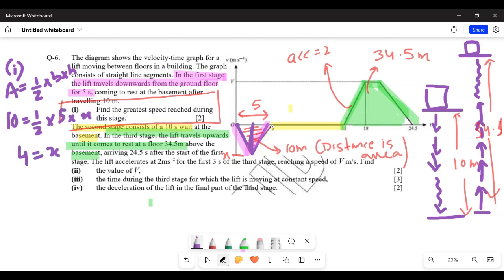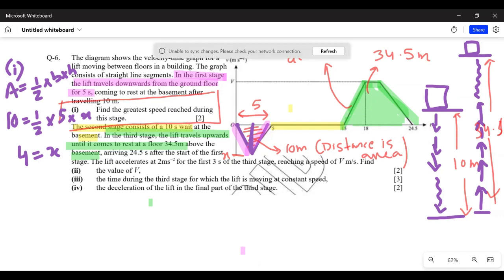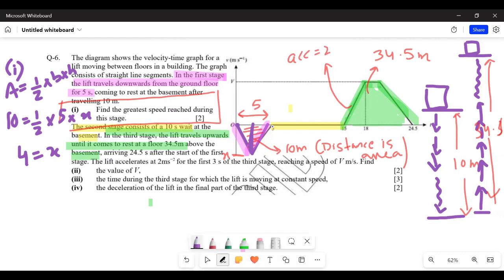So find the greatest speed reached during the stage. So the greatest speed is 4. Had they asked for the velocity, you would have written -4. But speed is just the magnitude of the velocity. So greatest speed would be just 4, not -4. 4 meters per second.